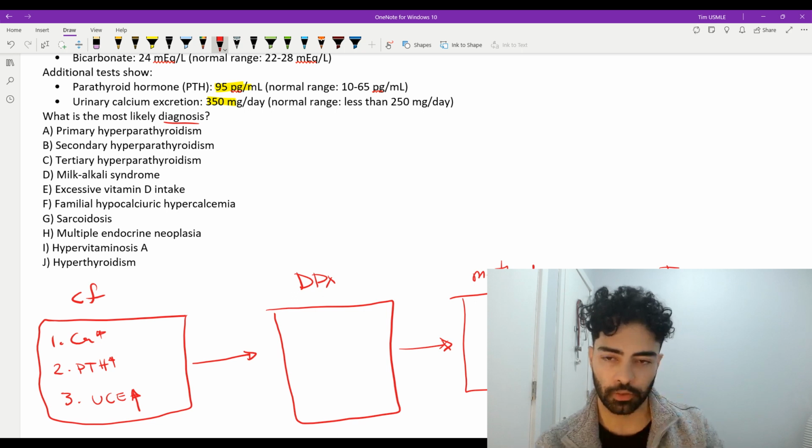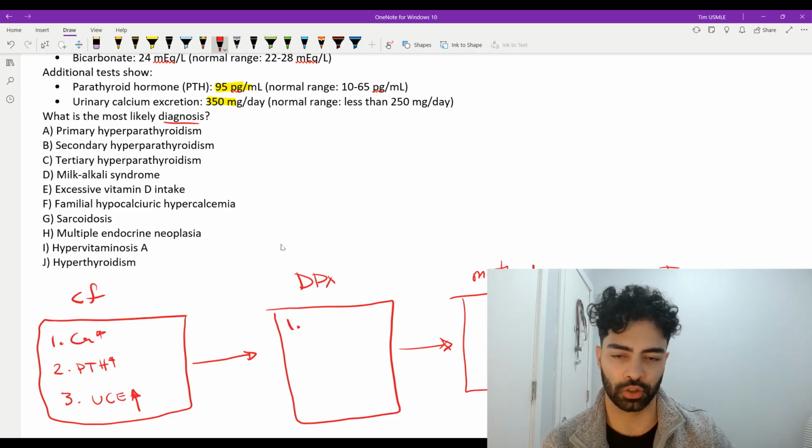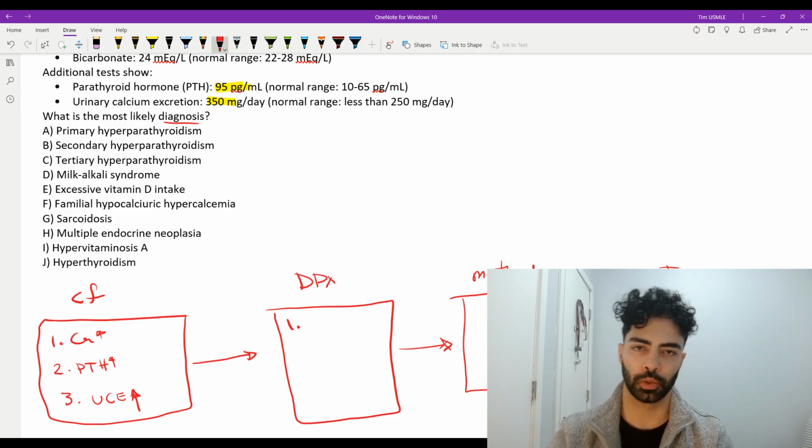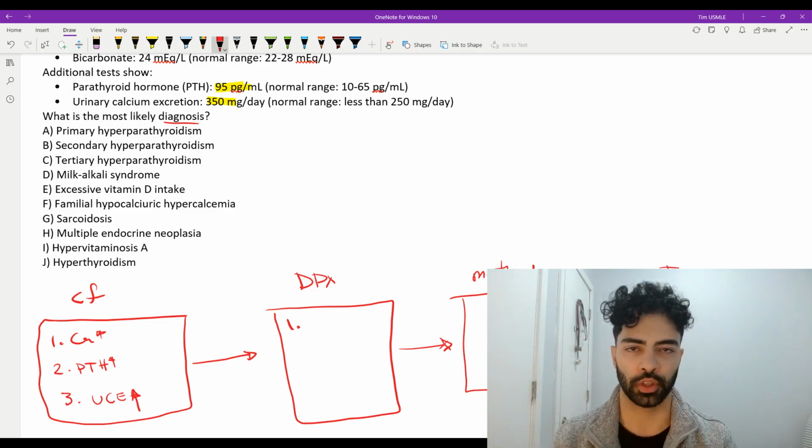Now, for differential diagnosis, as I said, once you correctly identify your clinical features, it's easy to come up with a differential diagnosis. And it's important to rank them correctly because the clinical features you figure out to be the most important are the ones that are going to feed into your differential diagnosis.